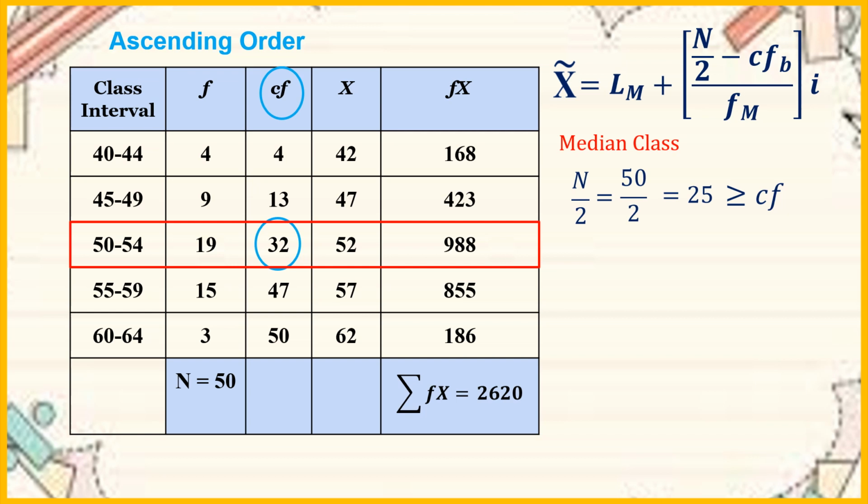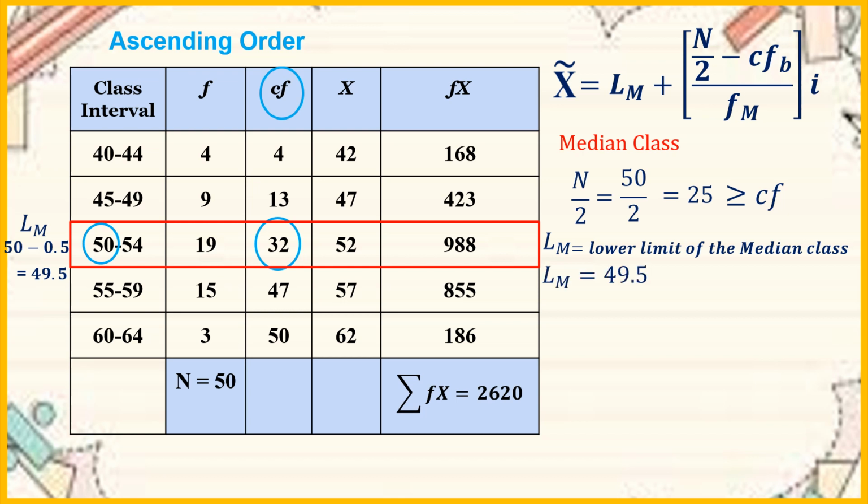And from our median class, we are going to derive the other given in our formula. So the first one would be the lower limit of the median class. To get this, we are going to subtract the lower boundary of the median class by 0.5. So 50 minus 0.5 is equal to 49.5. So our LM will be equal to 49.5.